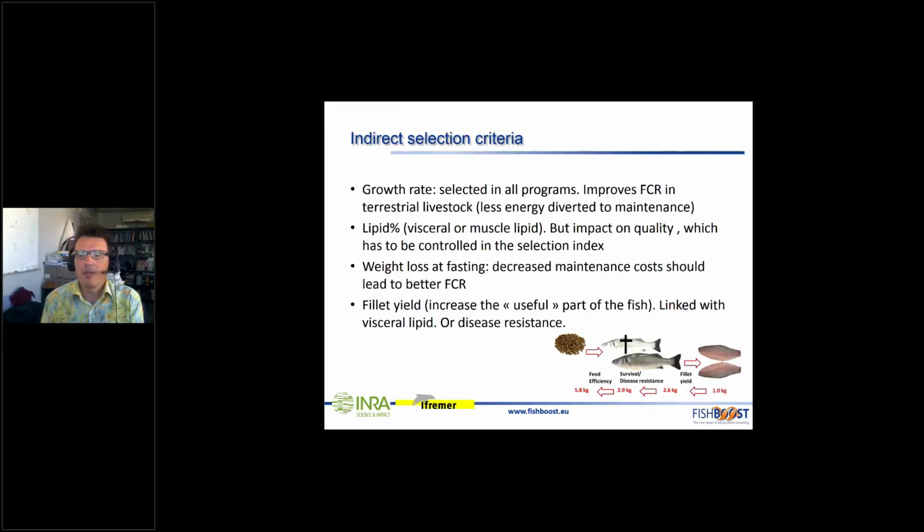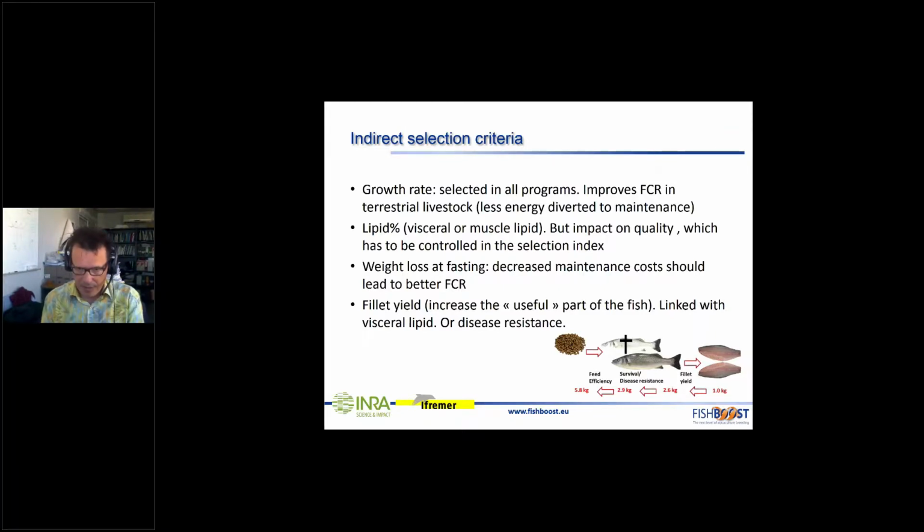It's a nice trait because it's selected for in all fish breeding programs and it's easy to improve. In terrestrial livestock it gives an improvement in FCR, because when you grow faster, less energy is diverted to maintenance. This tends to work well, and we can think that it should work in fish also.